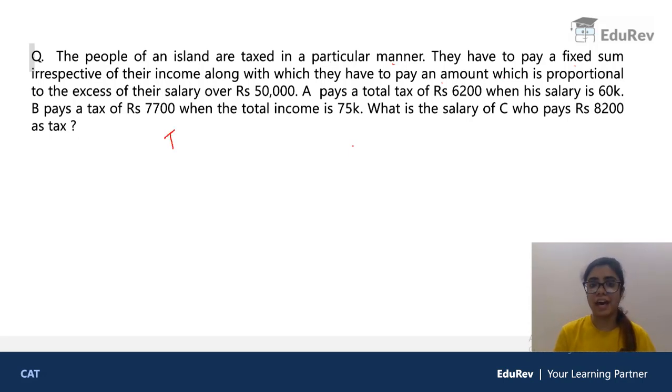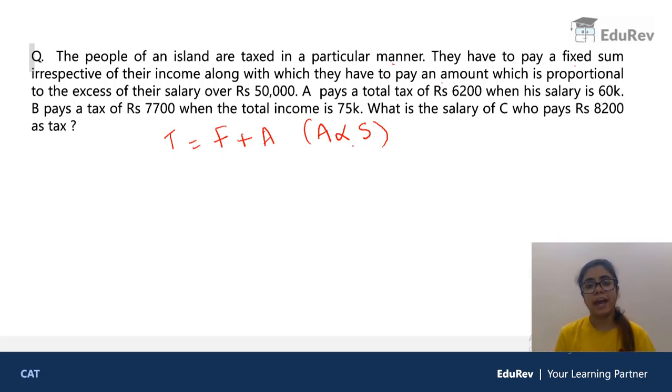So the total tariff is some fixed amount plus they have to pay an extra amount, and this amount is proportional to the excess of their salary above 50,000. So whatever money they make above 50,000, they will be charged tax on that basically.